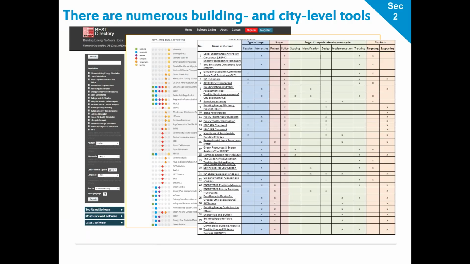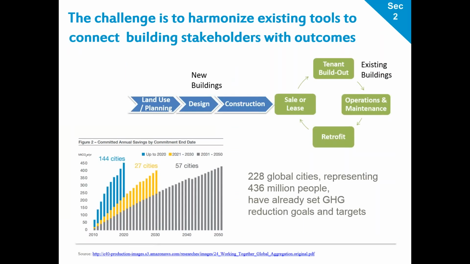What we've done in this project, what Ksenia and I have focused on, is grabbing some of the information sources and tools that are available, particularly, as was mentioned earlier, the freely available tools that are focused at the building and city level, and starting to synthesize these and start to make them more accessible for the stakeholders that will be signing on to the Building Efficiency Accelerator that was described earlier.